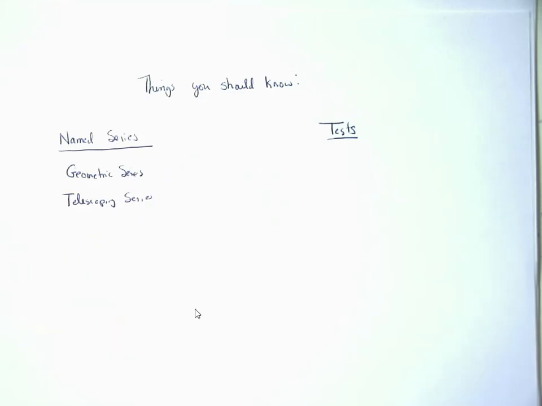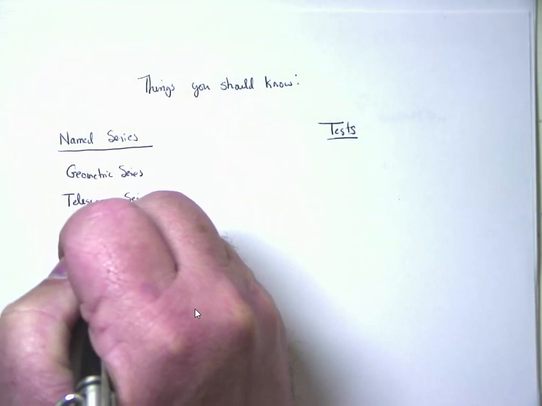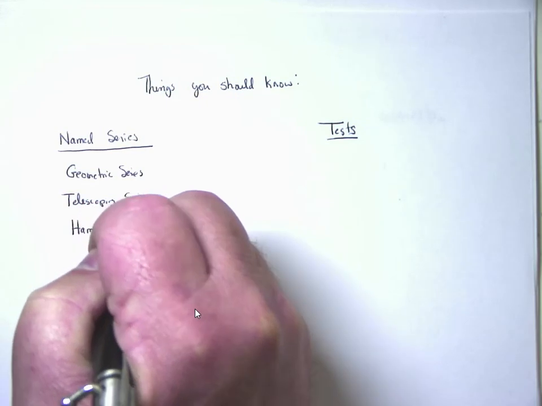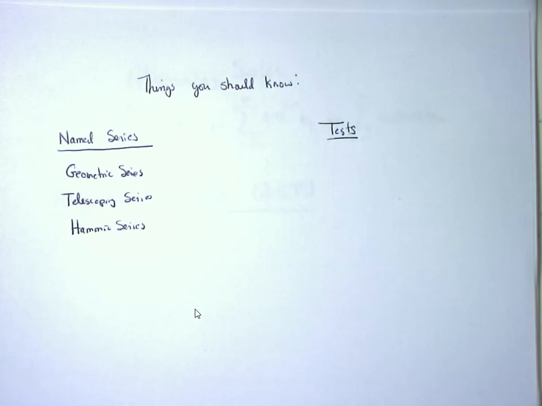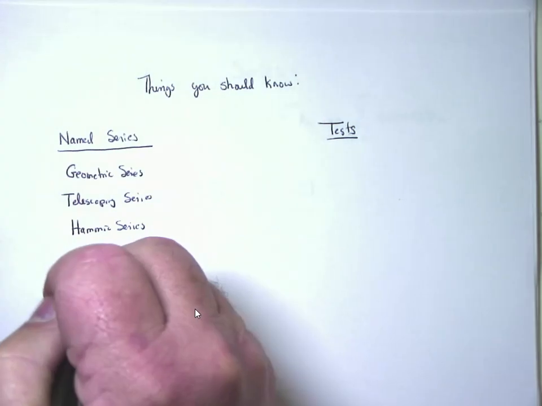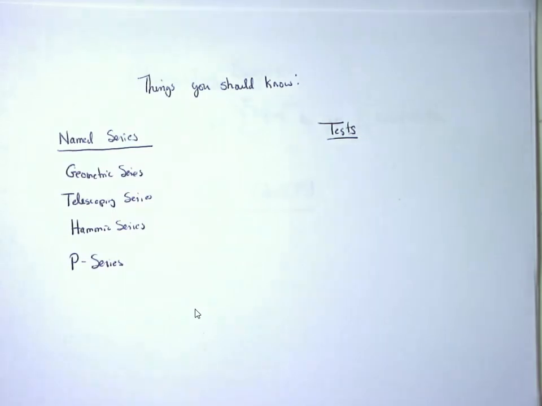In terms of named series you should recognize, we also have the harmonic series. But from the harmonic series, we extend it out and talk about what kind of series? P series. These are named series that you're supposed to know.